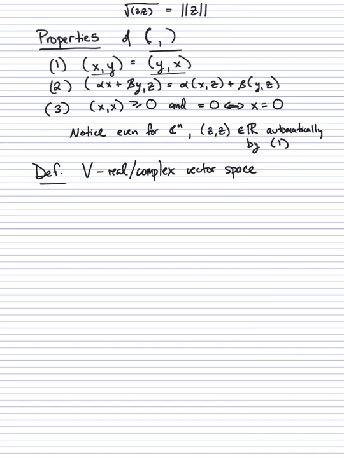So now the definition: for V a real or complex vector space, an inner product on V is just a function which goes from pairs of vectors to F, which is R or C. It's a function satisfying 1, 2, and 3.